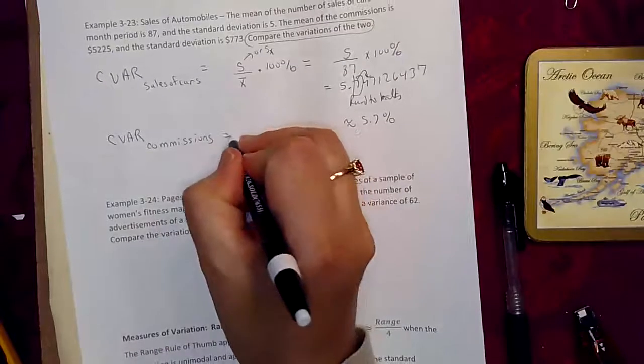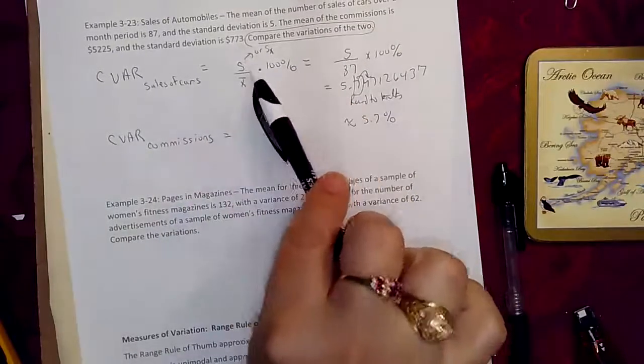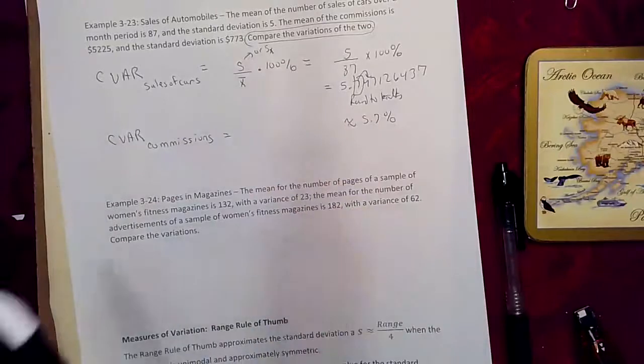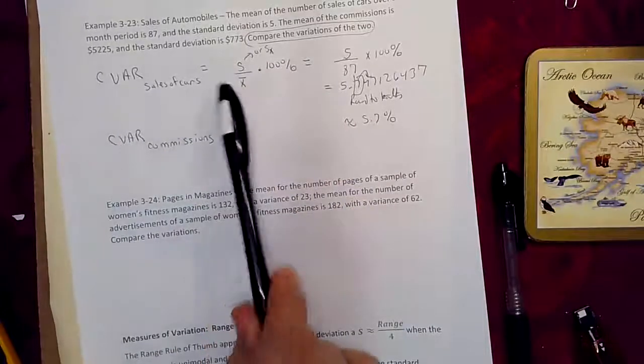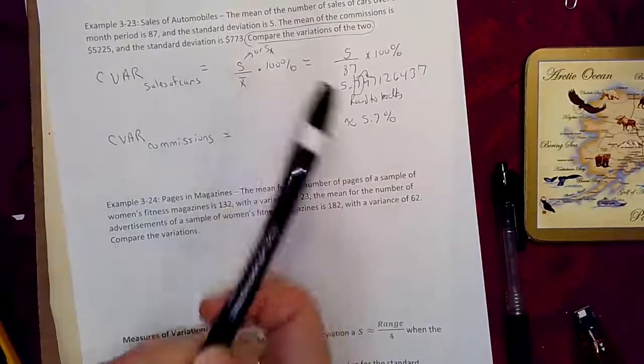Then we do the same thing for the commissions. I don't have to write down the formula, I already have it there. Remember on your test, your teacher wants the symbol or abbreviation, and then the formula is right here. We don't have to write it again.